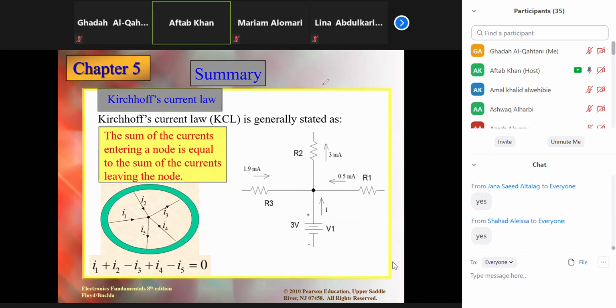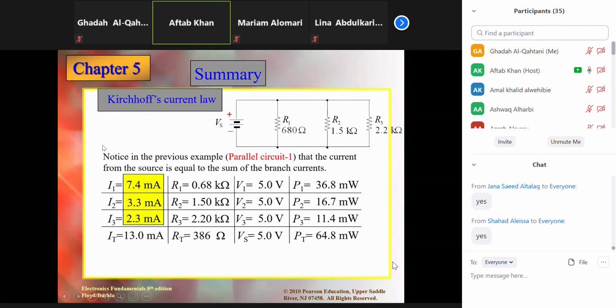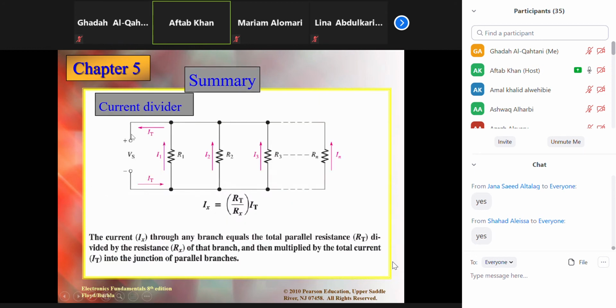All right. Kirchhoff's current law. As per this law, girls, we can also show that if I get the sum of I1, I2, I3, you will be getting the total current. It is because of Kirchhoff's current law.